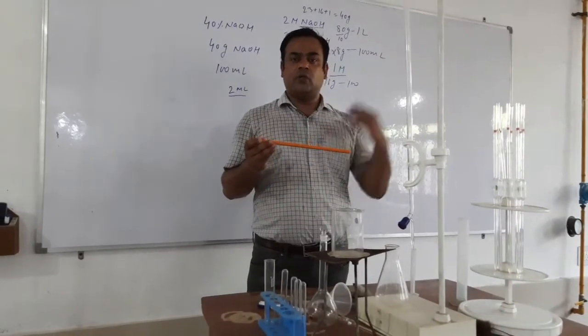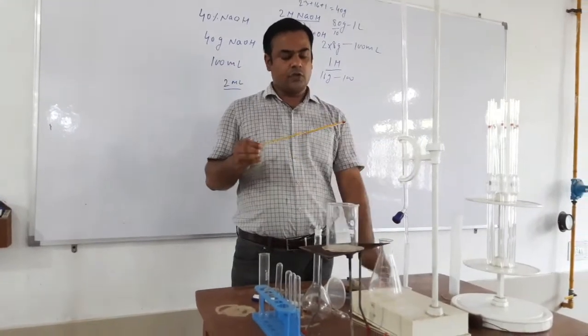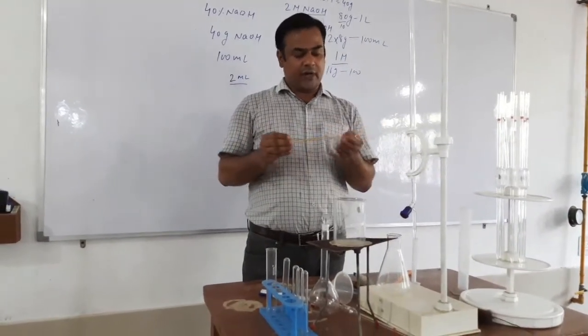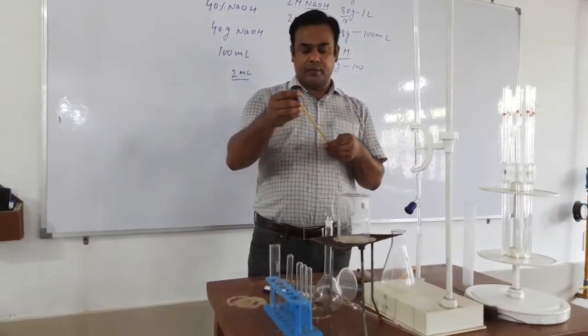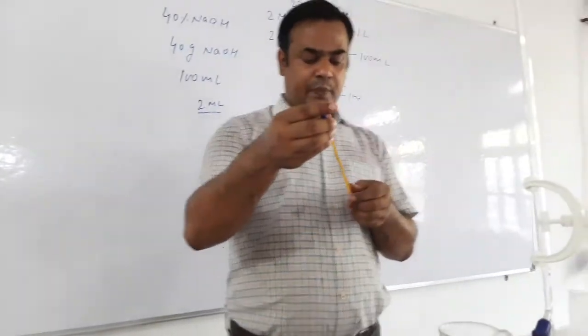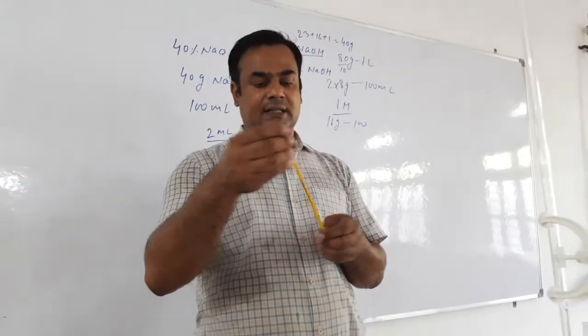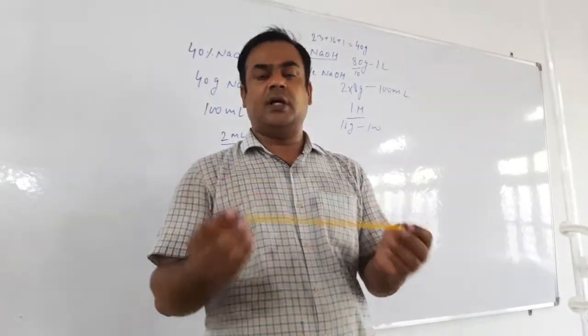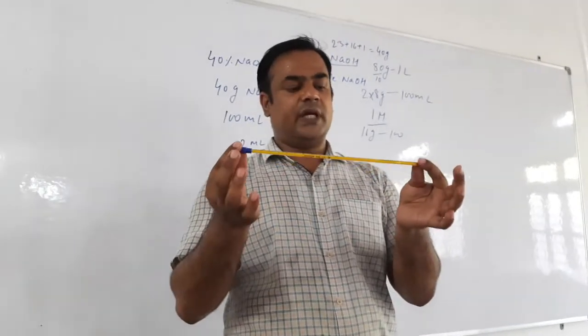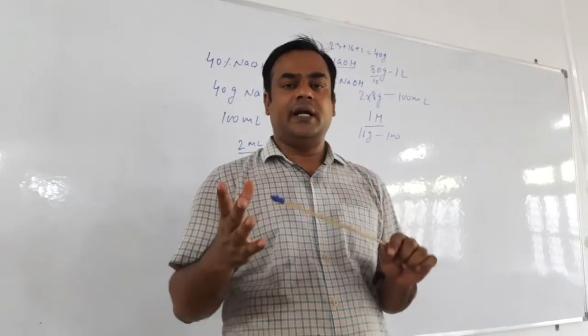We have to measure a wide range of temperature, so we use this one. You can see in this one we have a wide range for the measurement of temperature. With the help of this thermometer, we can measure temperature from 10 degrees Celsius to 100 degrees Celsius.